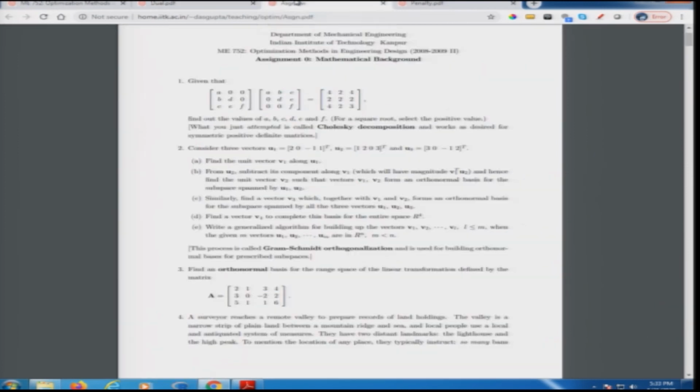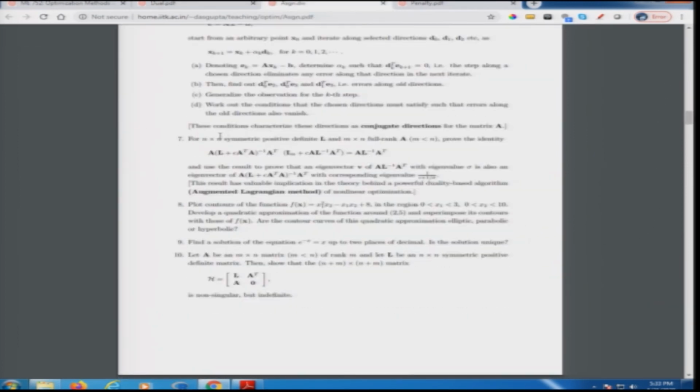In assignment 1, you had an exercise, the 7th one, which tells you that for an n by n symmetric positive definite L and an m by n full rank A, this identity has to be proved. What it says is that, first of all, this entire product is simply equal to this, and this result is to be used to prove that any eigenvector of A L inverse A transpose will be an eigenvector of this also.